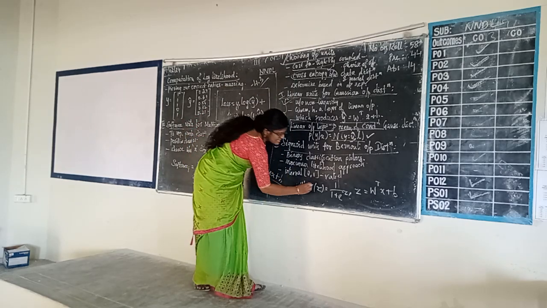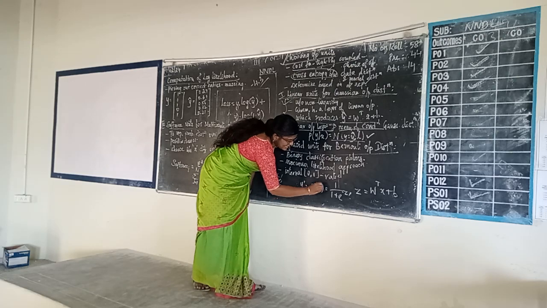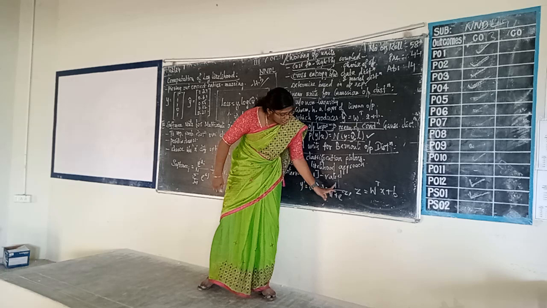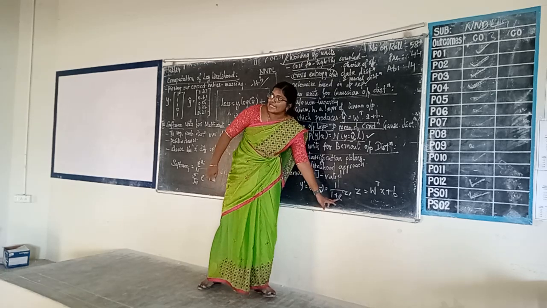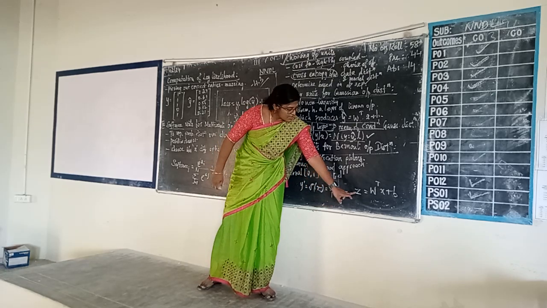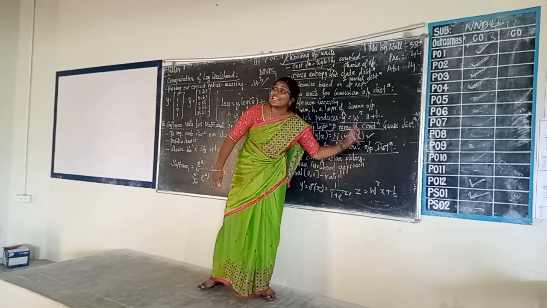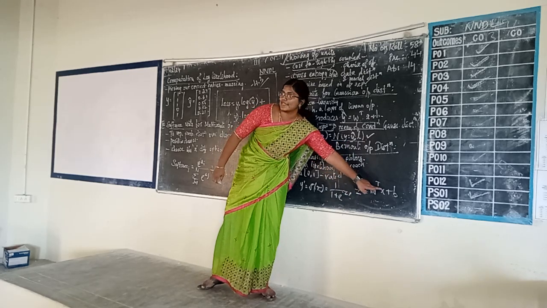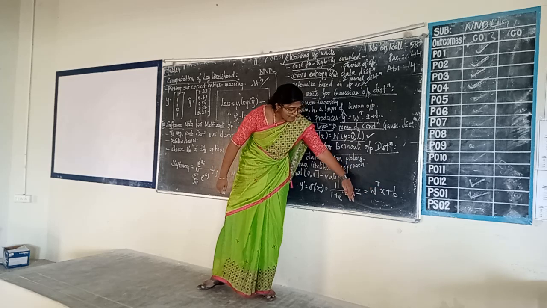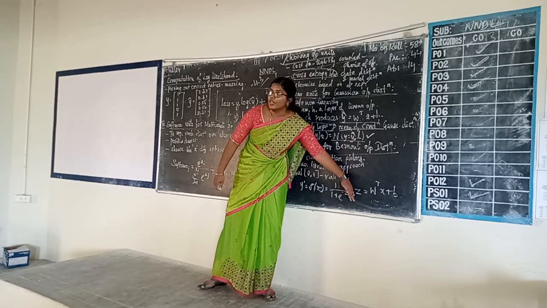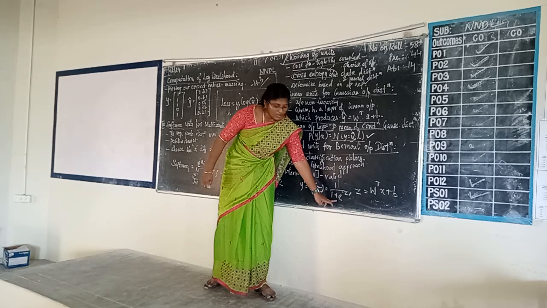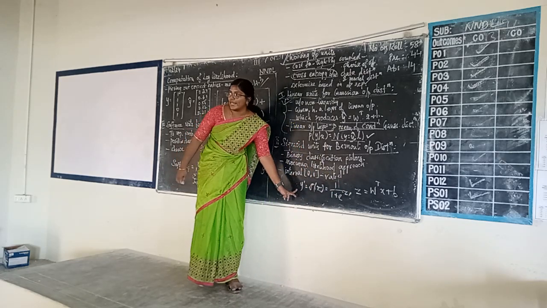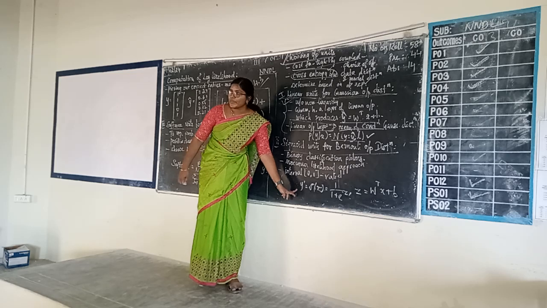So sigmoid of Z, which is equal to 1 divided by 1 plus e power minus z. Z is again the linear equation W transpose into X plus B. So first we find the Z value, then apply it to this formula to get Y cap or Y dash.